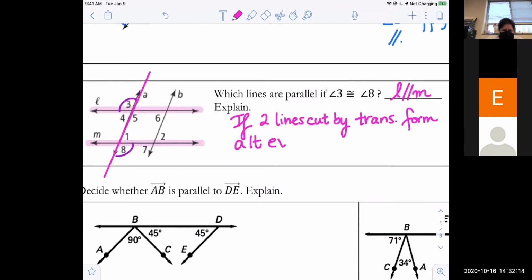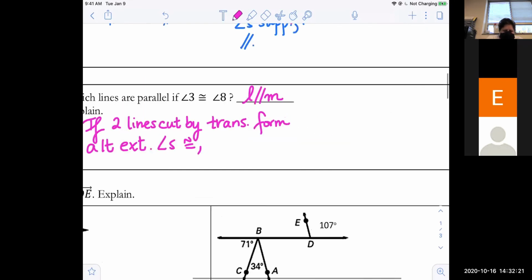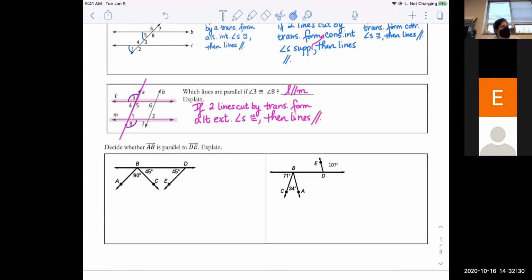If two lines cut by a transversal form alternate exterior angles that are congruent, then the lines are parallel. Again, we're starting with the angle relationship, we're ending with the lines are parallel.